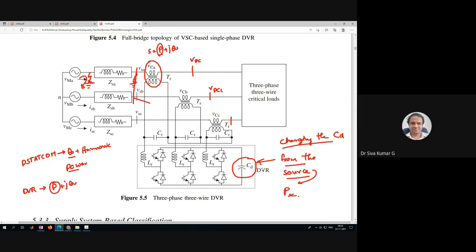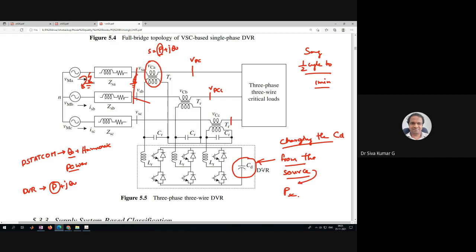But the sag definition says half cycle to 1 minute. If it is a capacitor, then maybe you have only a few cycles between half cycle and 1 minute. If you are using a capacitor to correct the voltage, then it cannot be.